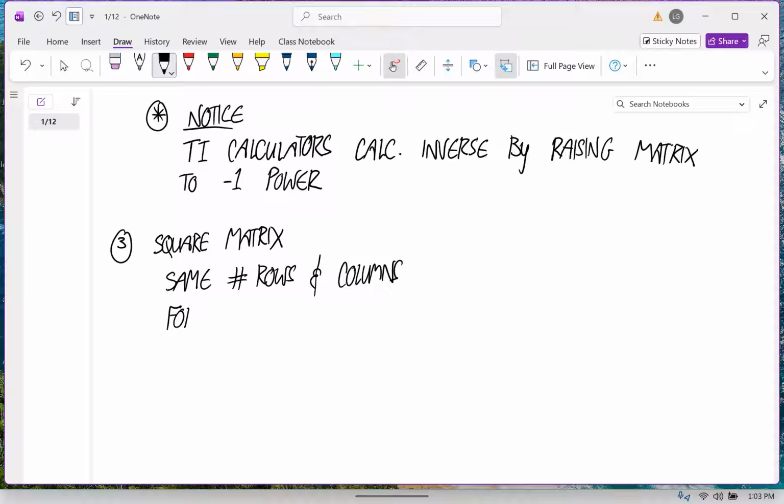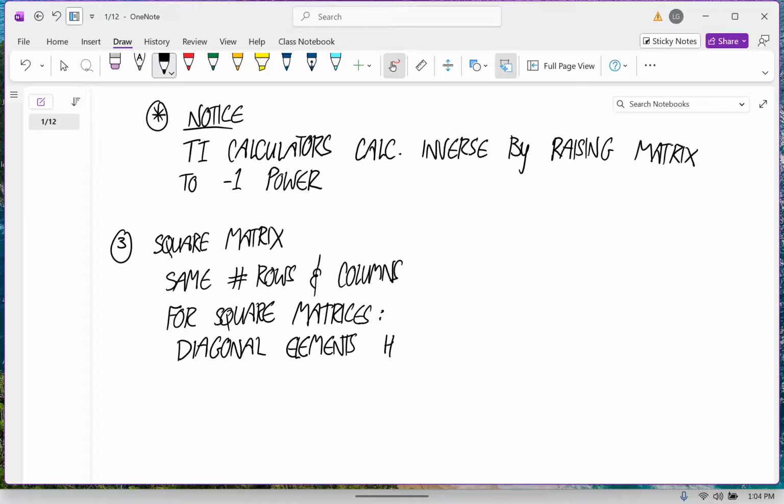For square matrices, we're going to define diagonal and off-diagonal elements. So diagonal elements have indices where i is equal to j.